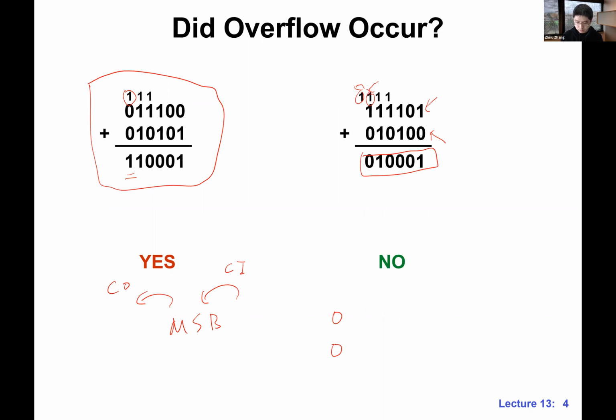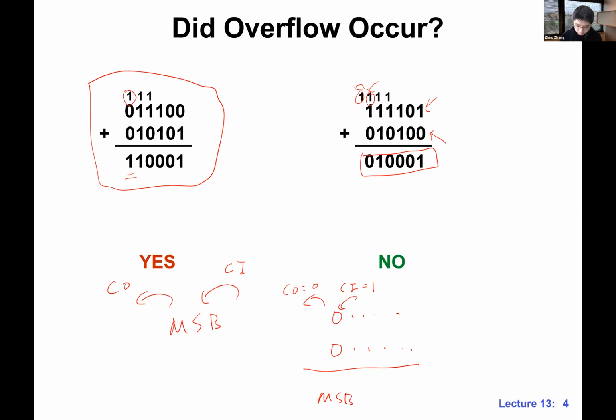First, let me write it down here, this is the MSB. If CI is 1 and there's no carry out, in this case, obviously, what do we have? We're going to have 1, and 0, 0. So whether there's a carry in or not, there will be no carry out. Make sense?